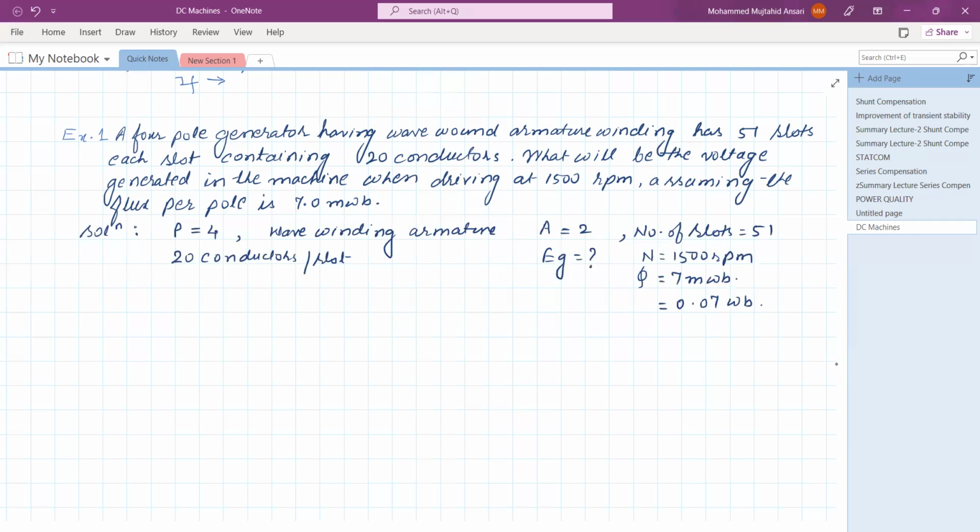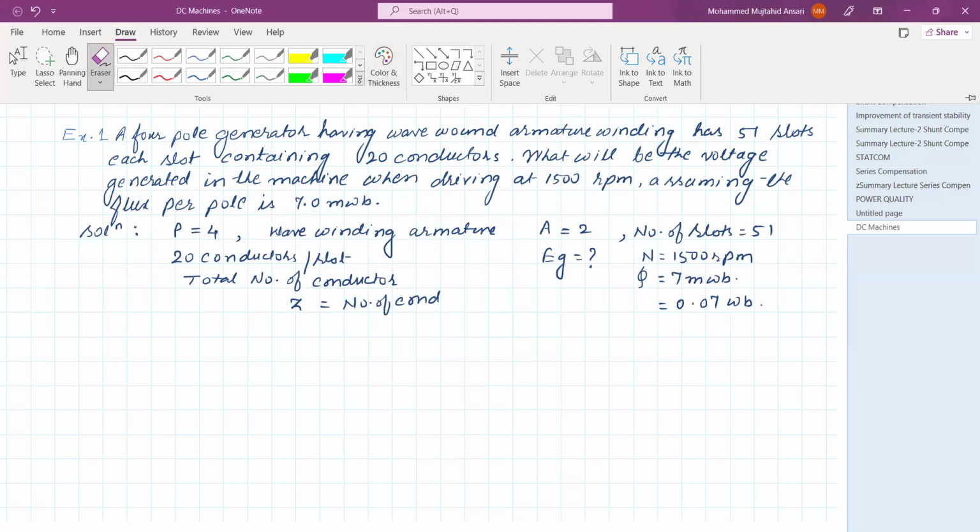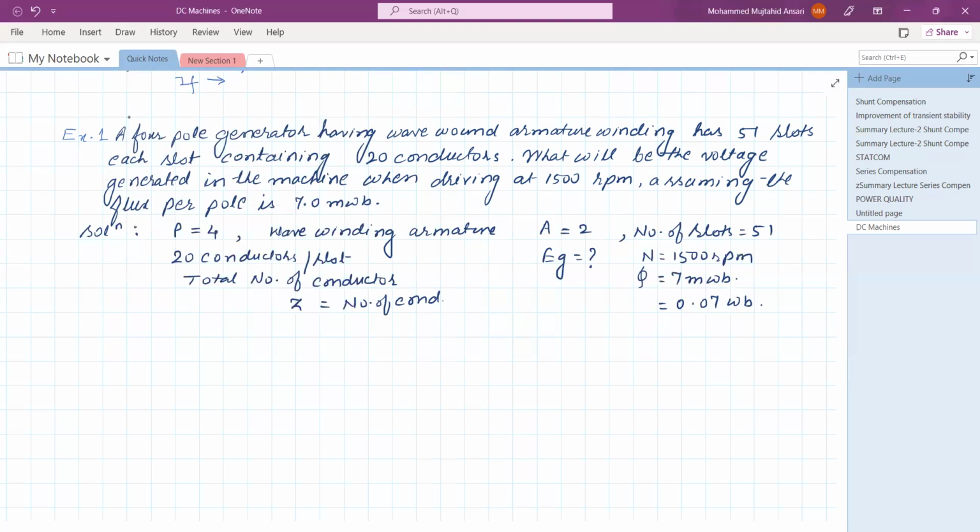Now, 20 conductors per slot. It means that the total number of conductors Z is equal to the number of conductors per slot multiplied by the number of slots.